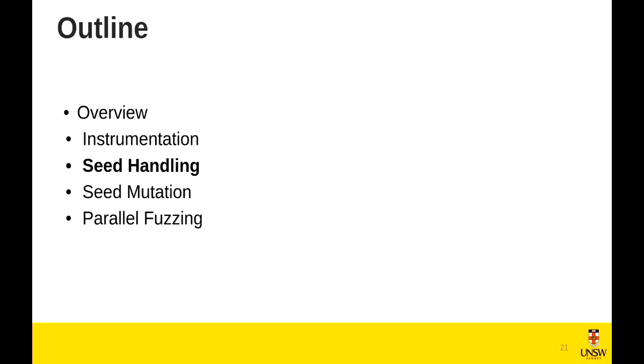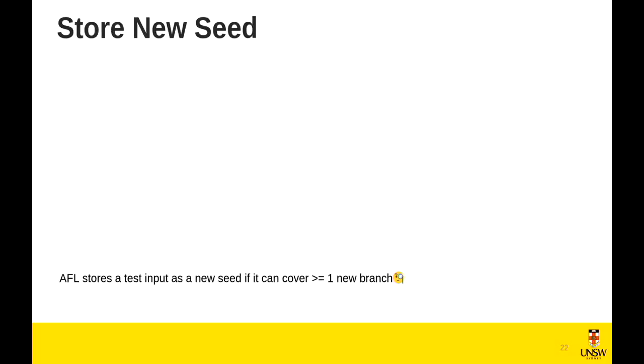Okay, let's continue. Just now we covered the two types of instrumentation used by AFL and how they work. Now let's learn how AFL handles seeds. The first question is: how does AFL store new seeds?